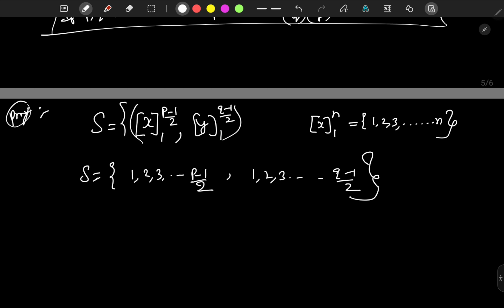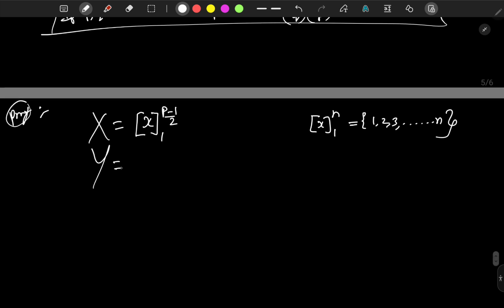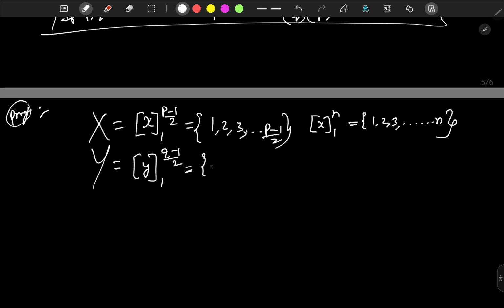Let's say this is capital X, and this is capital Y, 1 to (q - 1)/2. Sorry, extremely sorry for the previous mistake. Now take the Cartesian product. Let S equal X cross Y. This is the Cartesian product.